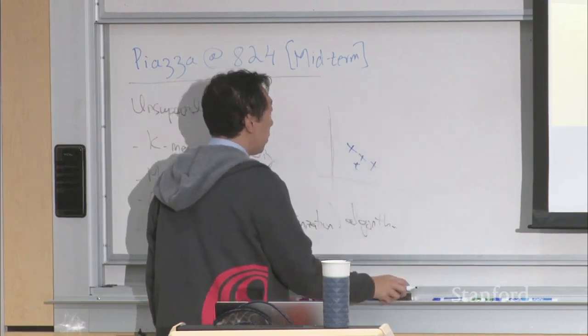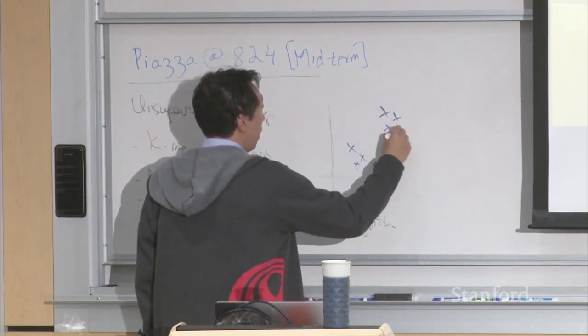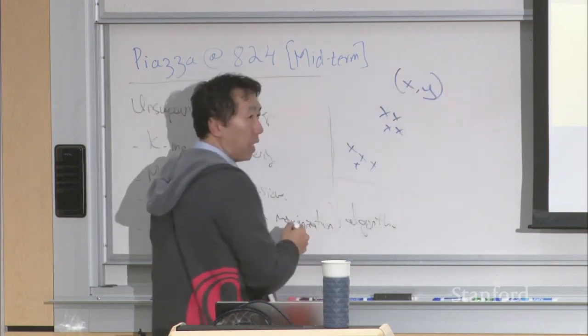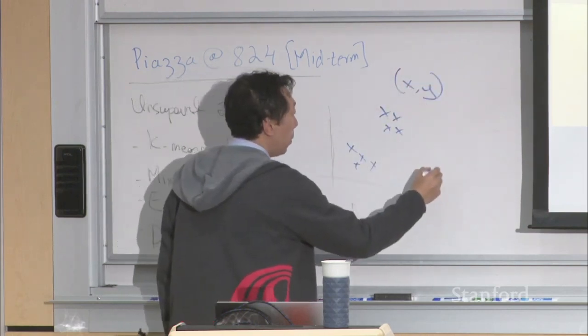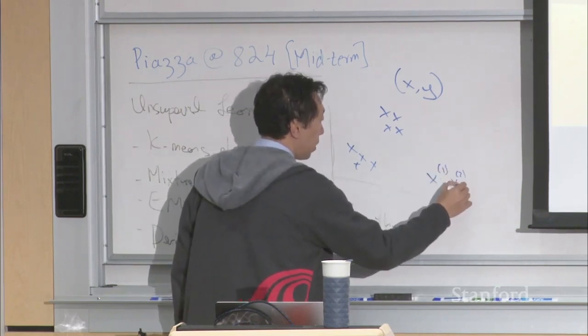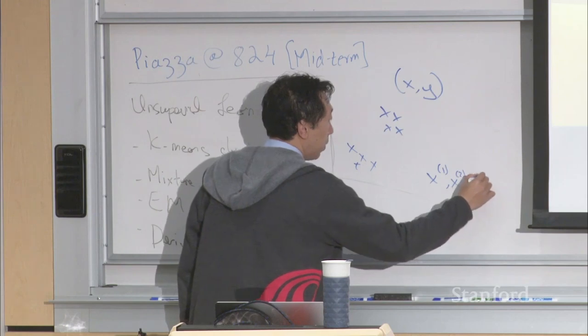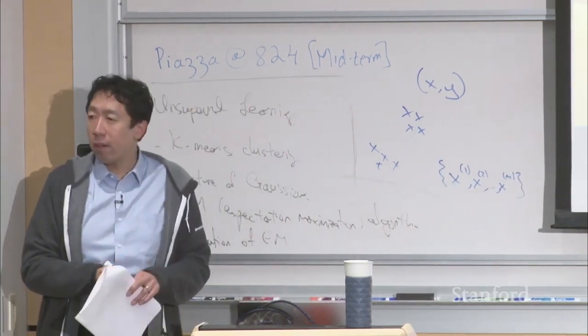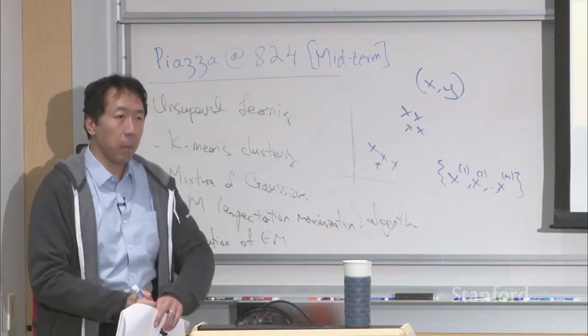In unsupervised learning, you're given unlabeled data. So rather than given data with X and Y, you're given only X. And so your training set now looks like X1, X2, up through XM.